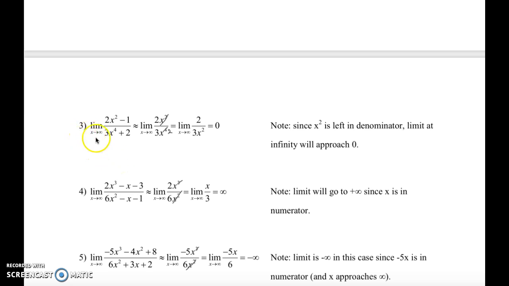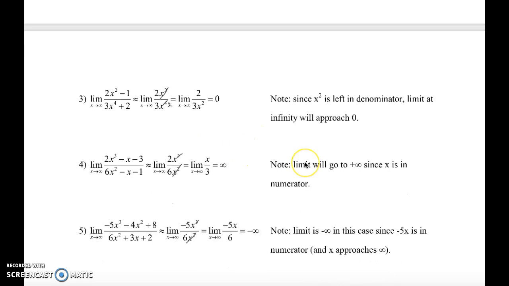So as we look at just our front two terms, we end up with the limit as x approaches infinity of 2 over 3x squared. As the bottom of this fraction gets larger and larger, that's going to make this fraction get closer and closer to 0. So the limit as we get closer to positive infinity is eventually going to end up at 0. So 0 here is our horizontal asymptote.